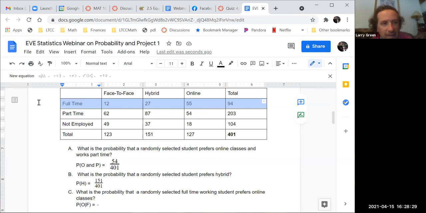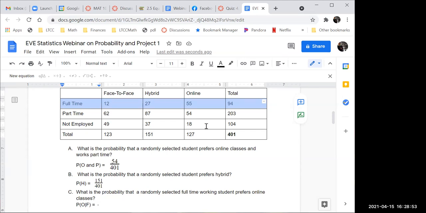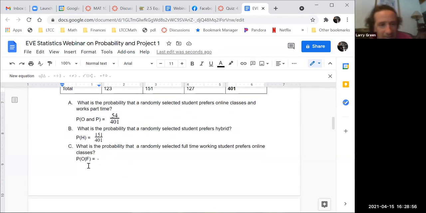We're just looking at that row of full-timers, and everything else we ignore. We can look at this as a much simpler problem. Ignore all the other stuff, and the total is 94. How many of these 94 preferred online? 55. So the answer is 55 over 94. And let me make it bigger because it's way too small.